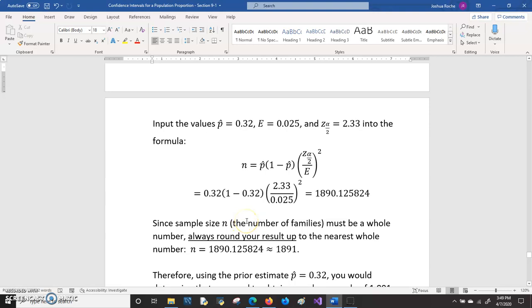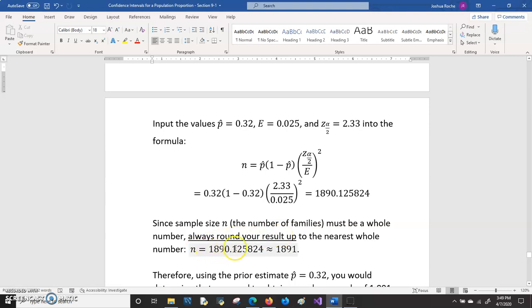Sample sizes must be whole numbers. In this case, we're talking about the number of families, and it wouldn't make sense to talk about a half a family or 1/3 of a family. So, because sample sizes are whole numbers, it's best to always round up your number to the nearest whole number.